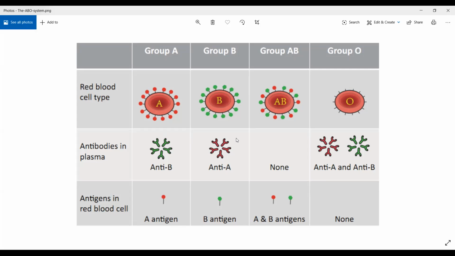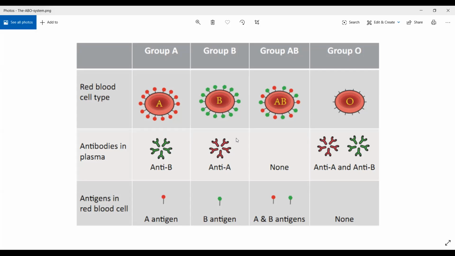Group A will have type B antibody, meaning if I give blood group B to a person with blood group A, there will be antigen B meeting antibody B. That will be the reaction. If I have a person who has blood group B who has anti-A antibodies, that will react with A antigen.